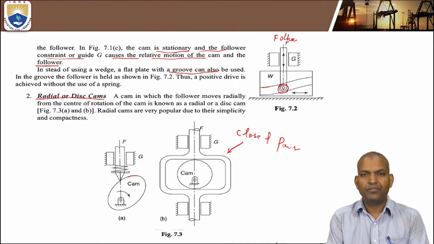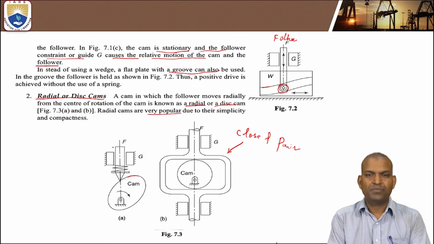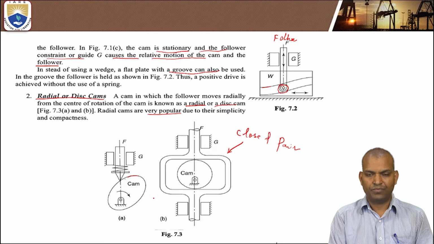Because the follower moves radially from the center of rotation of the cam. That's why these cams are known as radial or disc cams. They are very popular due to their simplicity in design. Figure A and figure B come under the category of radial cams.